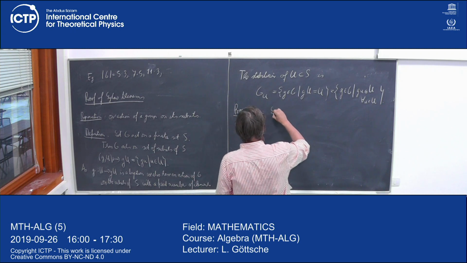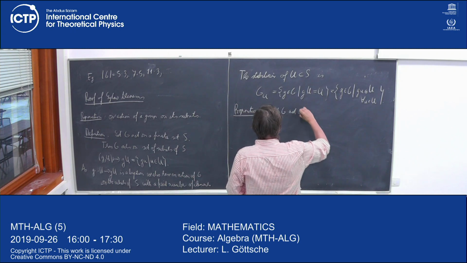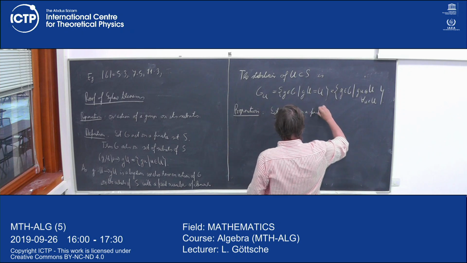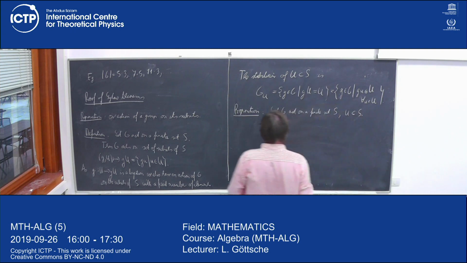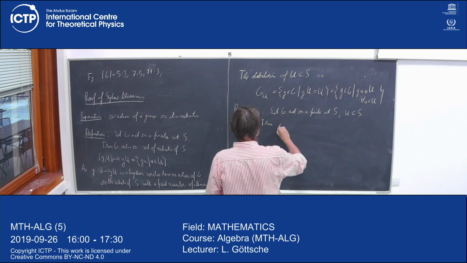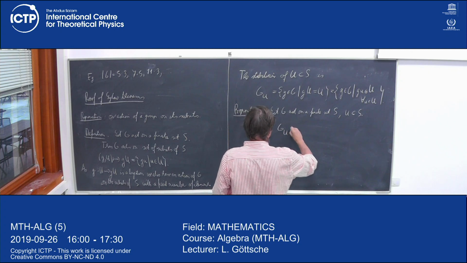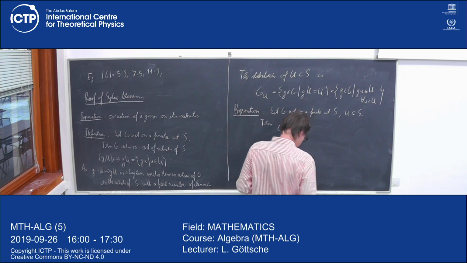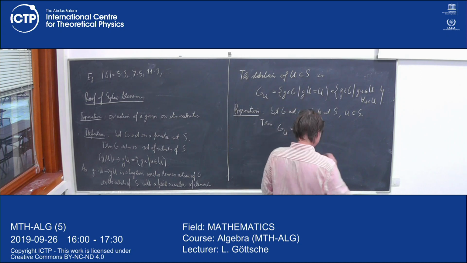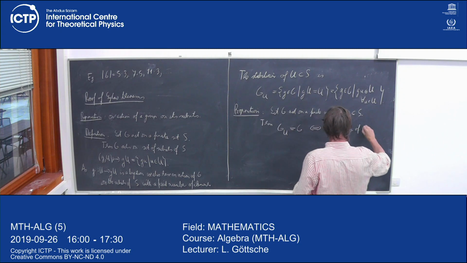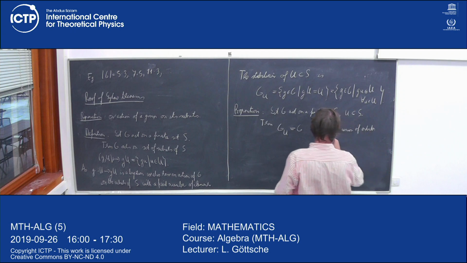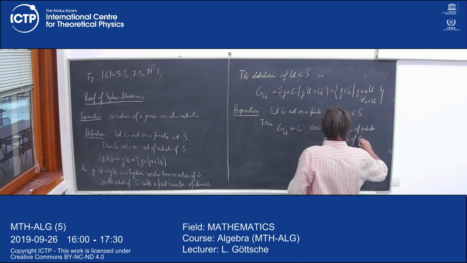Let g act on the finite set S, and u a subset of S, then the stabilizer of u is the whole of g if and only if u is a union of orbits of the action of g on S.